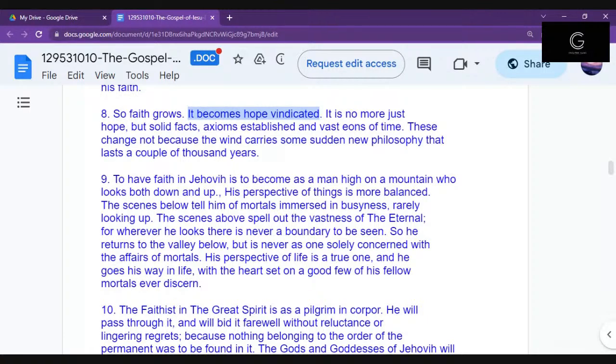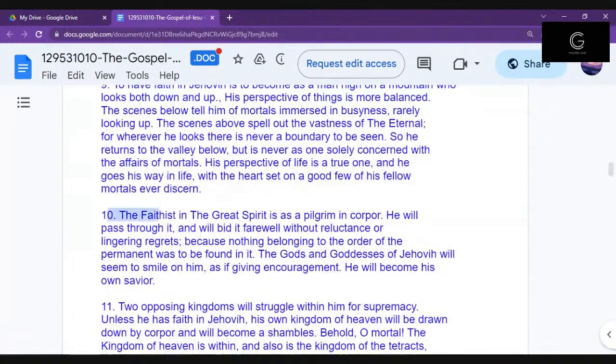His perspective of life is a true one, and he goes his way in life with the heart set on a good few of his fellow mortals ever discern. The faithist in the Great Spirit is a pilgrim in the flesh. We gonna pass through it, and it will bid him farewell without reluctance or lingering regrets.